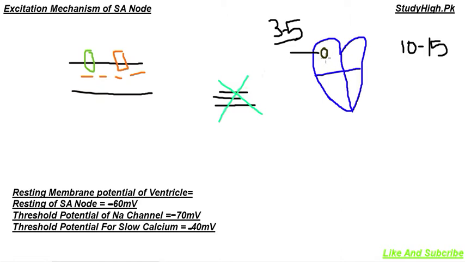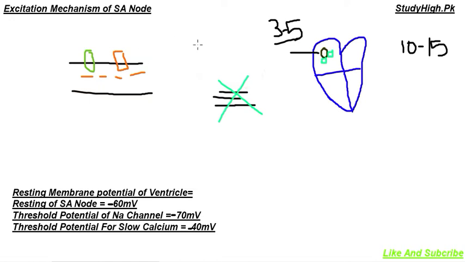The atrial muscles are closely connected with the SA node through intercalated discs. When an action potential is generated in the SA node, it will automatically transfer to its neighbor atrial muscles through the intercalated discs, as I have explained in the first two lectures.